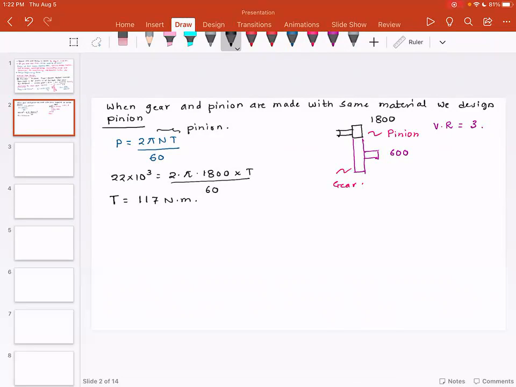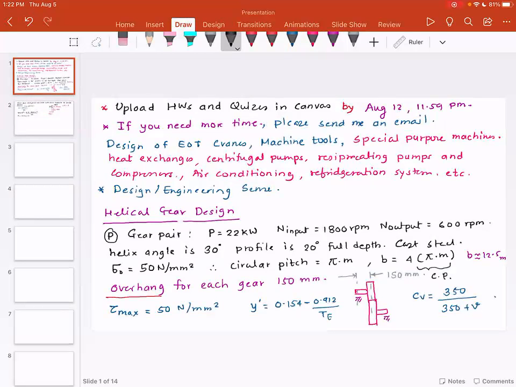Now, at this point, we want to think about the design approach. There are multiple ways to proceed. In this problem, they have not given us the number of teeth, but we know that for a 20-degree full depth profile, the minimum number of teeth to avoid interference is greater than 20.